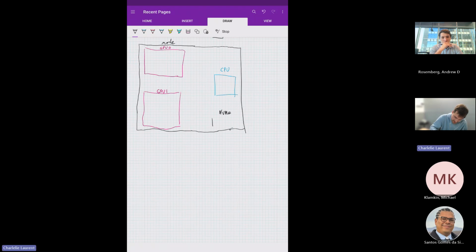So NVMe is basically a disk. It's an SSD disk that is embedded directly in the node, right? And here we'll have the file system, the disk.